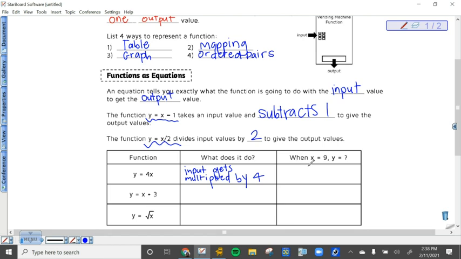So when x equals 9, when my input is 9, what is y? What's my output? If I plug in 9 here, what would y be?